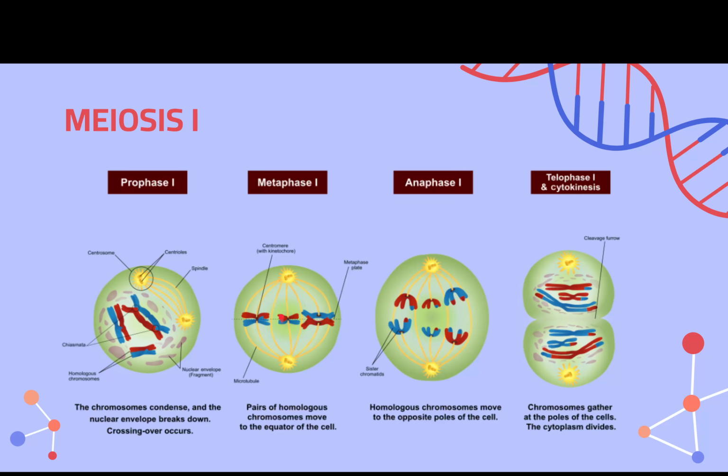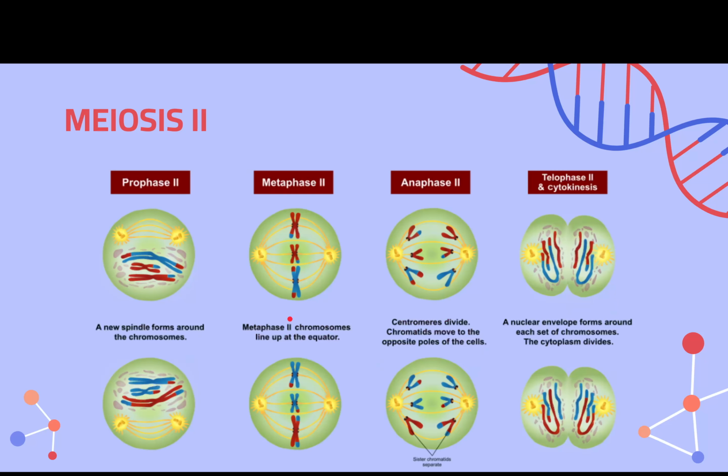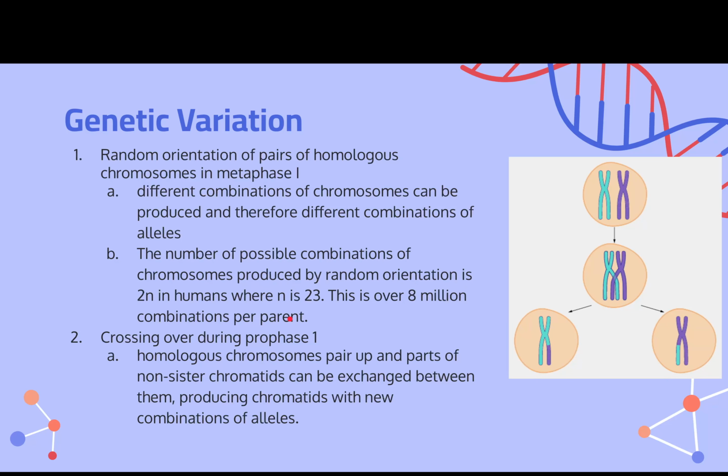However, which homologous chromosome goes to which side is undetermined. So there can be different combinations of chromosomes produced, and therefore different combinations of alleles produced, based on where the homologous chromosomes go. And the second thing is the number of possible combinations of chromosomes produced by random orientation.